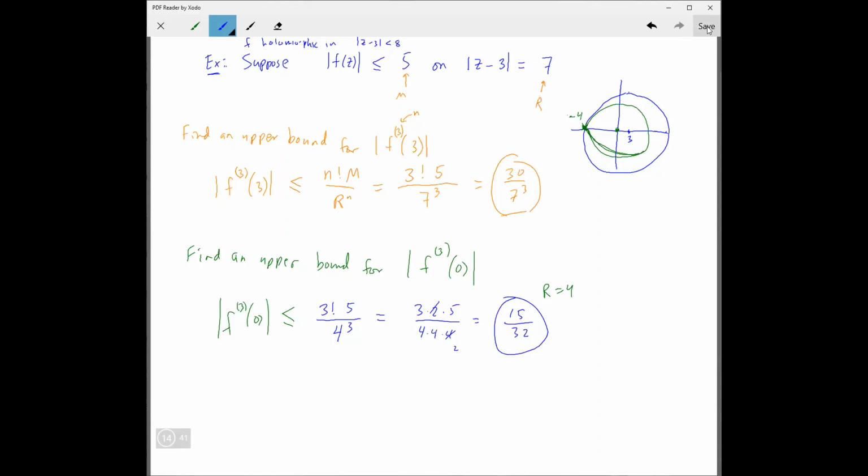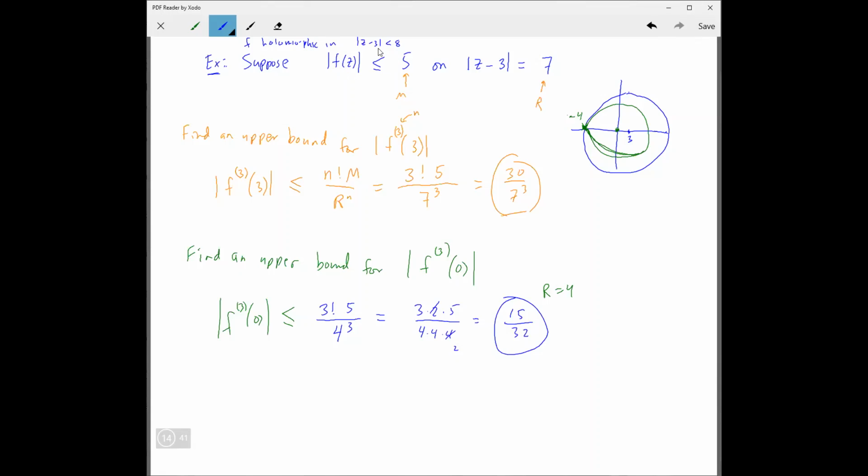For the modulus of f(z) less than or equal to 5, where is the maximum point? Can I see it on the graph?